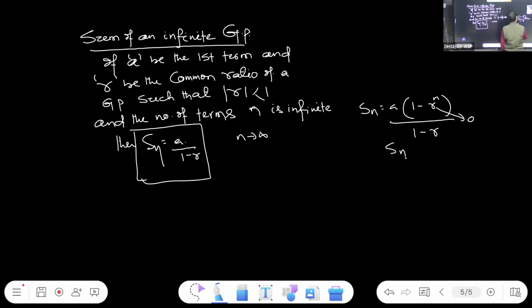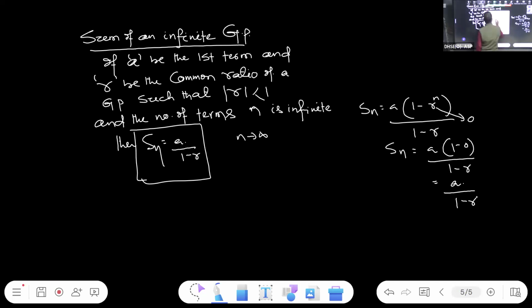So Sn will be A upon 1 minus R. Is it clear to you? Write in the chat box, is it clear?